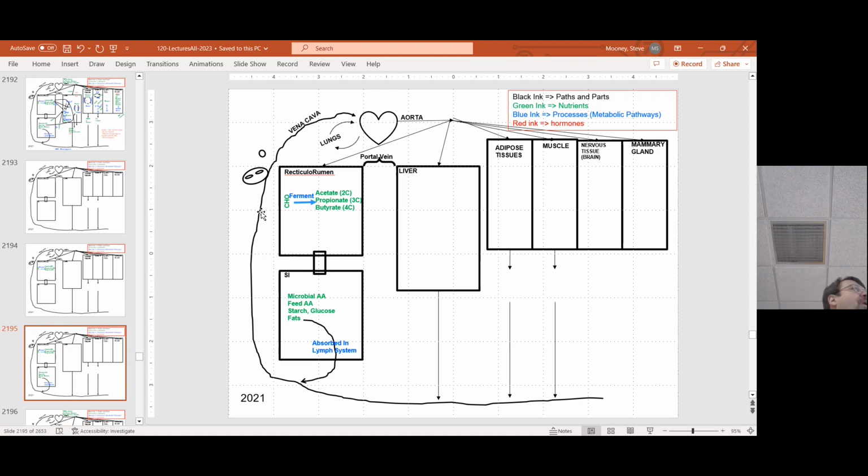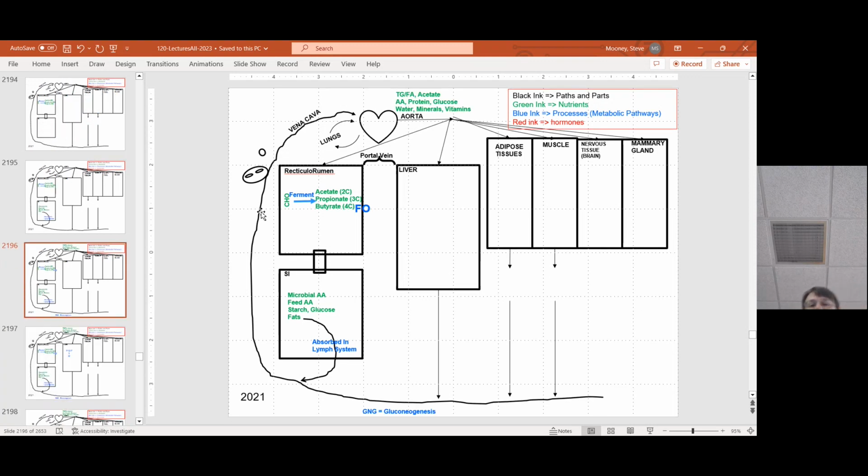Everybody caught up so far? So if we're looking at our butyrate, most of the butyrate does not get to the liver. It's going to be split in half. We got 4 carbons there.